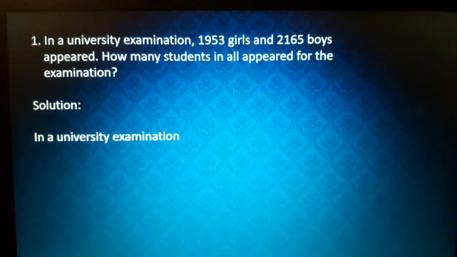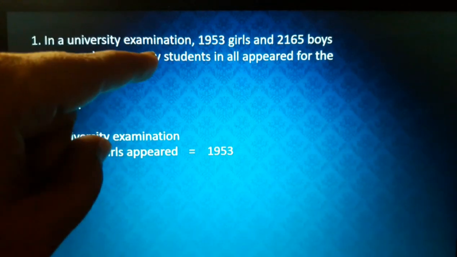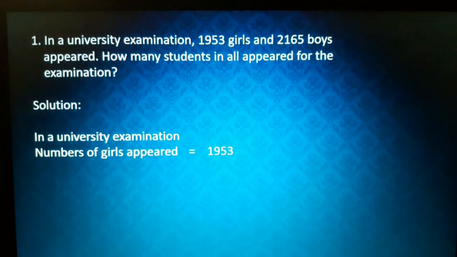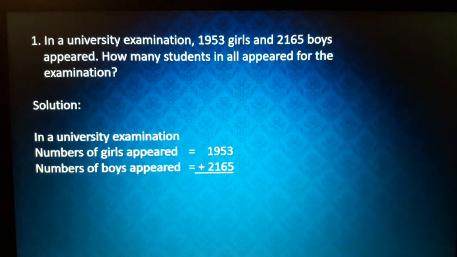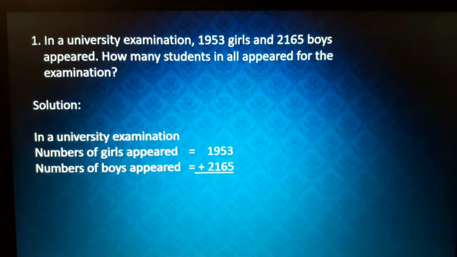Now the next information: the number of girls who appeared is 1953. Then the number of boys who appeared for the examination is 2165. So these are the two pieces of information we are getting from this university about the girls and the boys.